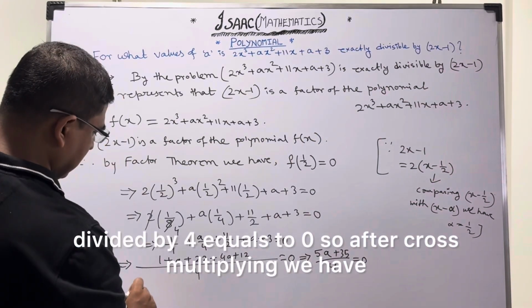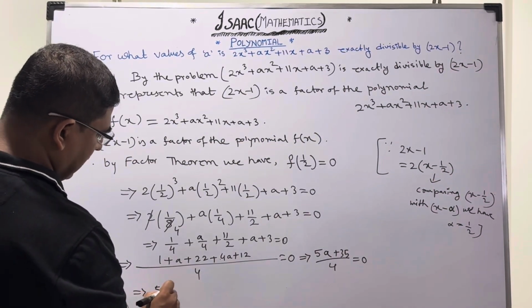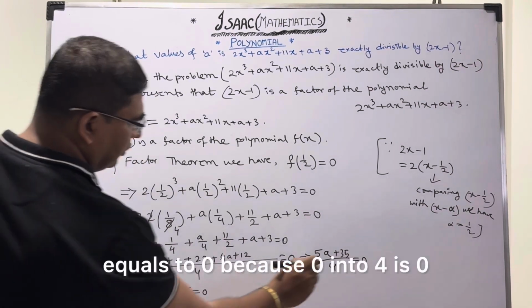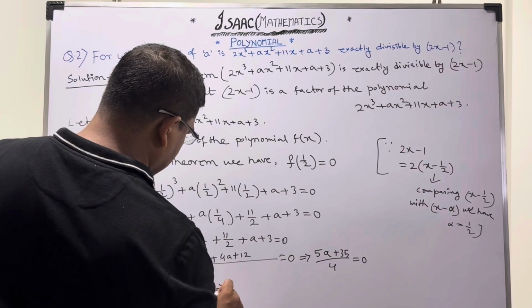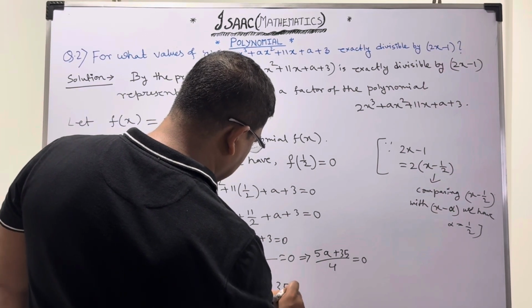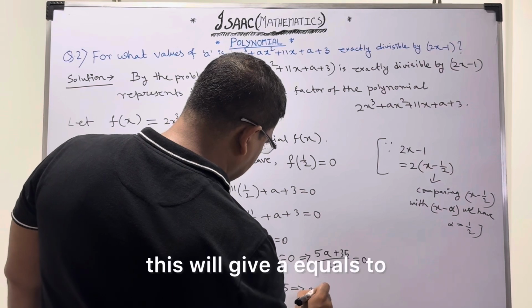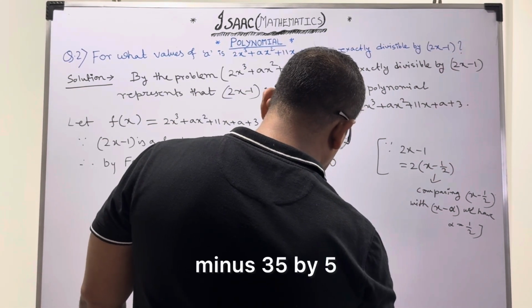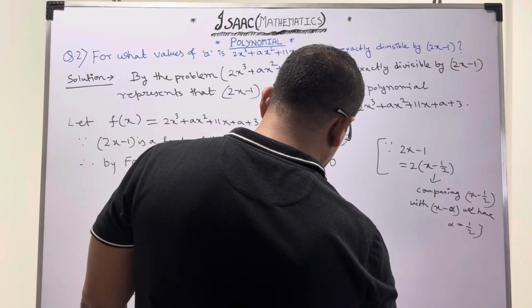So after cross multiplying we have 5a plus 35 equals 0, because 0 into 4 is 0. So 5a equals minus 35. This will give a equals minus 35 by 5, which gives 7.